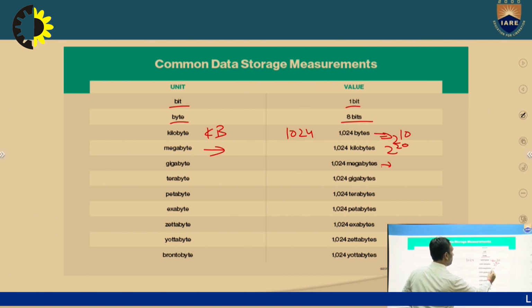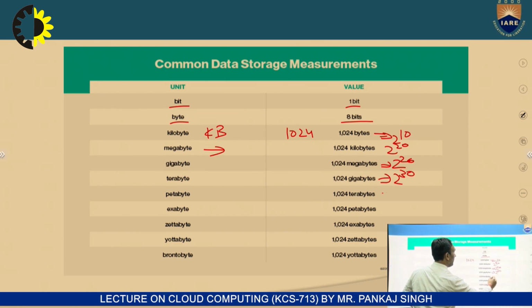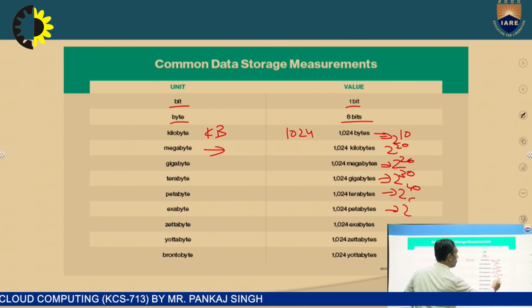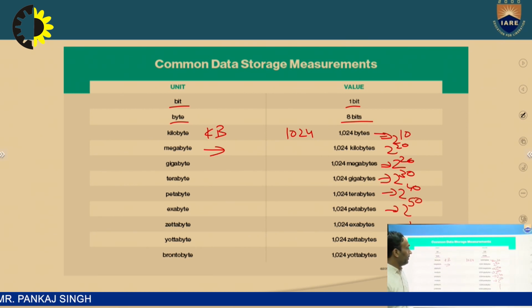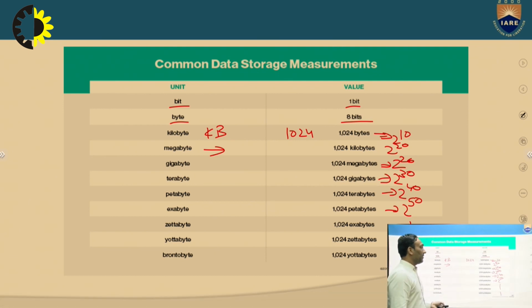If we talk about MB, that is 2 to the power 20, then 2 to the power 30, 2 to the power 40, and that goes up to 2 to the power 50 and so on. So from this slide, it is very easy to understand what size of data we are talking about.